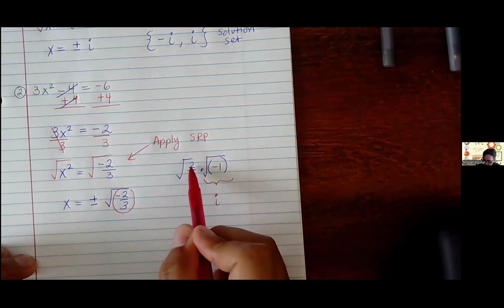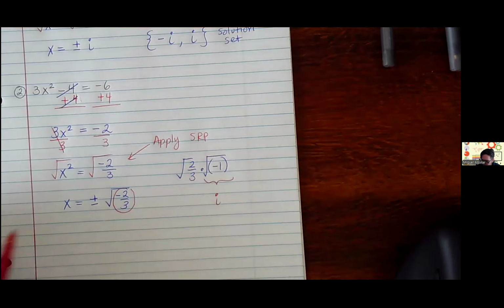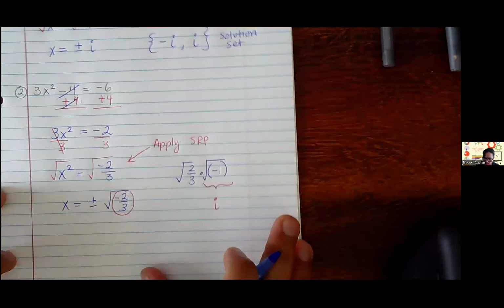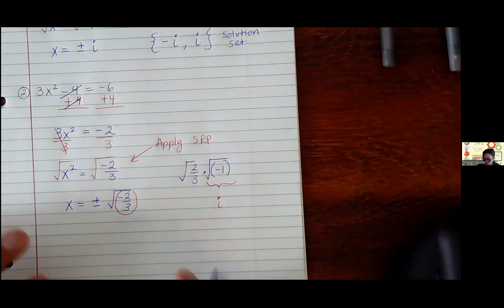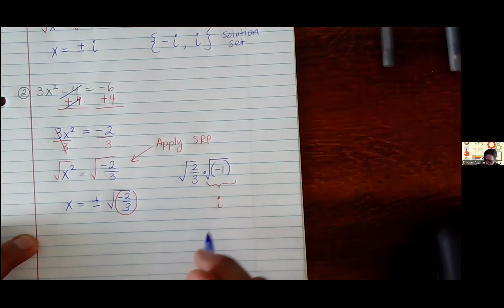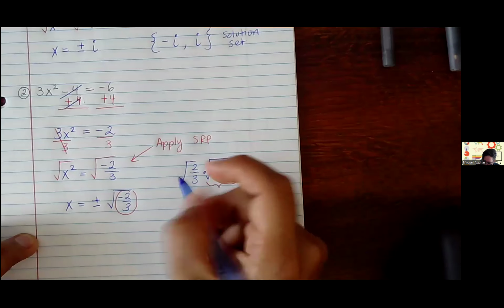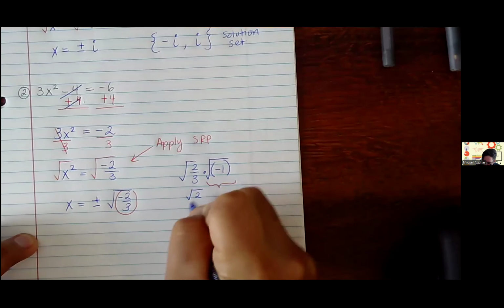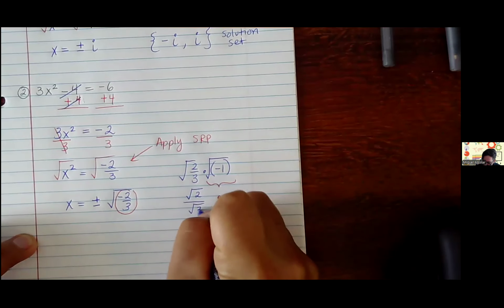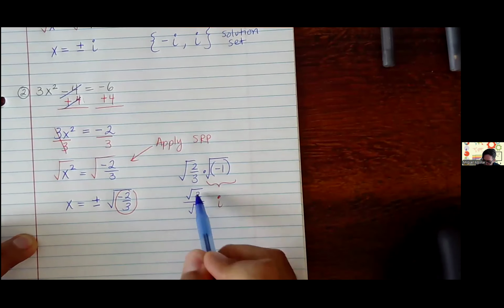However, for the square root of 2/3, there are different ways to express this quantity, but none of them is going to be particularly satisfying here. We could split up the radical and call this the square root of 2 over the square root of 3. But these are both prime numbers.